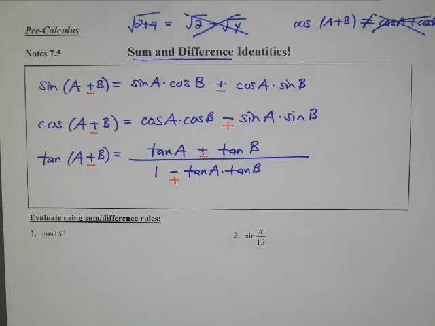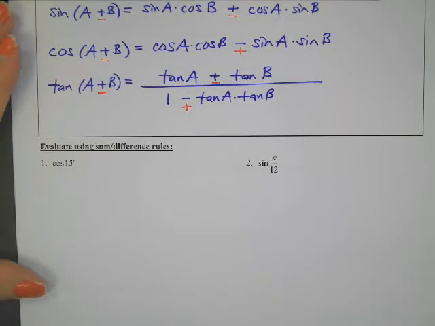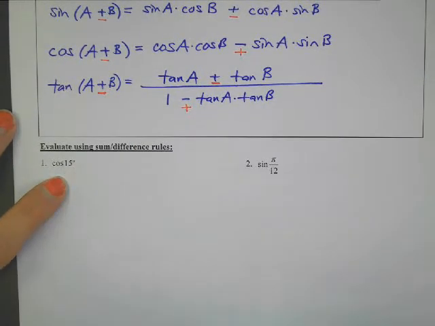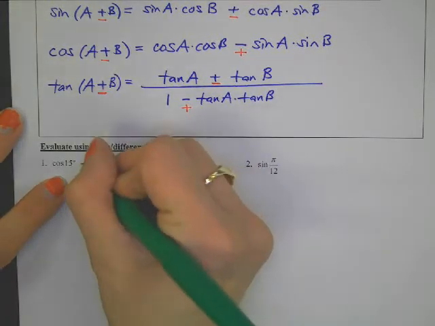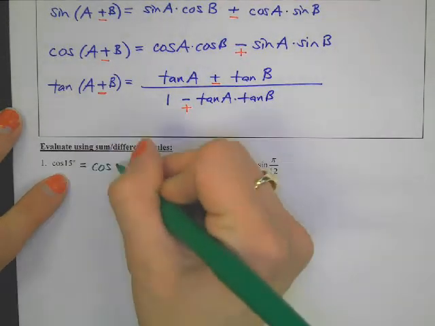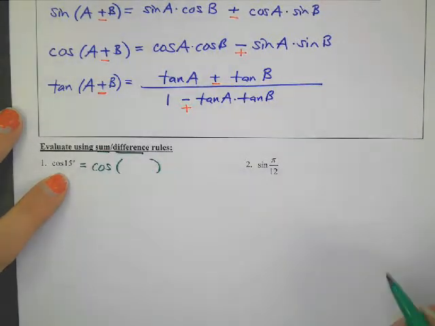Okay, we're going to evaluate using sum and difference rules. The reason why we know we have to use these formulas is we don't know 15 degrees from the unit circle. So how can I make a 15-degree angle by either adding or subtracting?